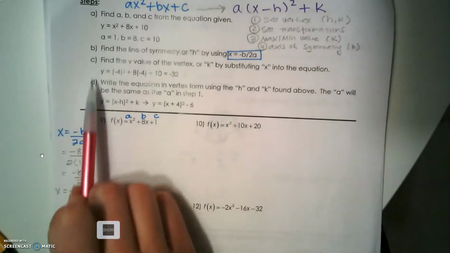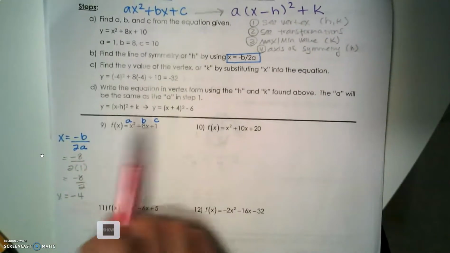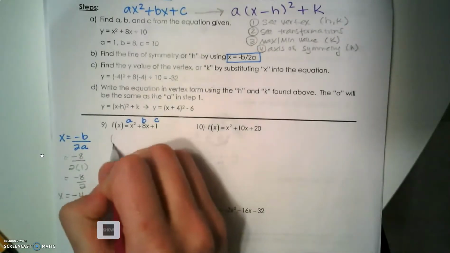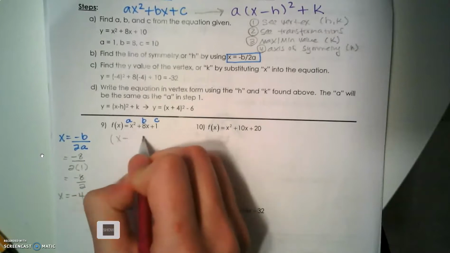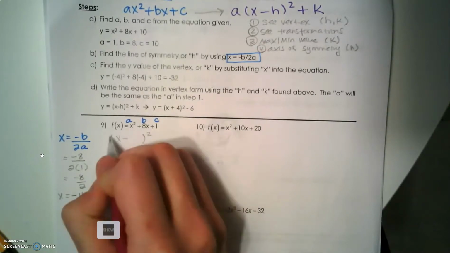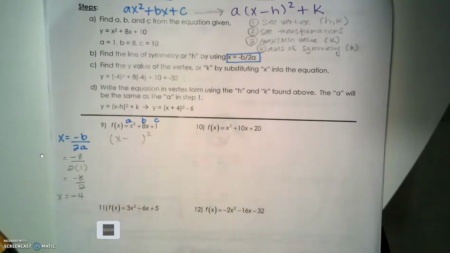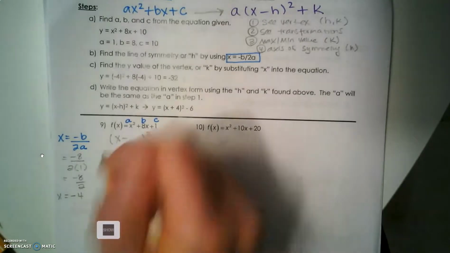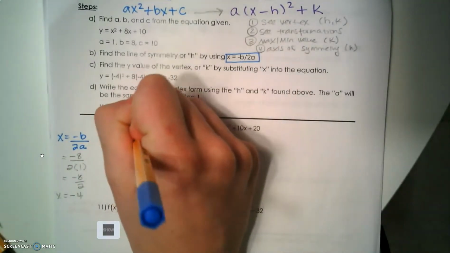Before we get into step C, I want to talk about a vertex template, how we're substituting these things in. So remember, your vertex template has an x minus something squared. That's the outline. That's the thing that's not going to change. So I just found the x value of my vertex. That was a negative 4.